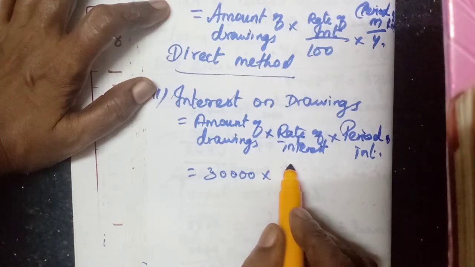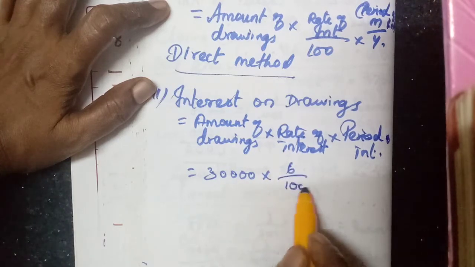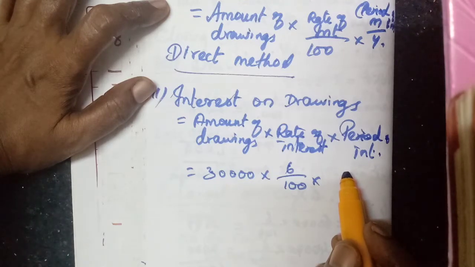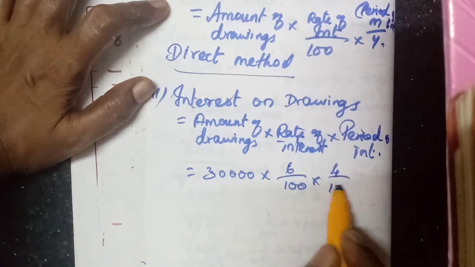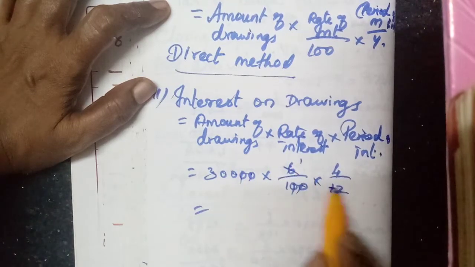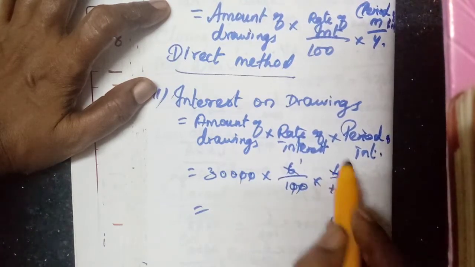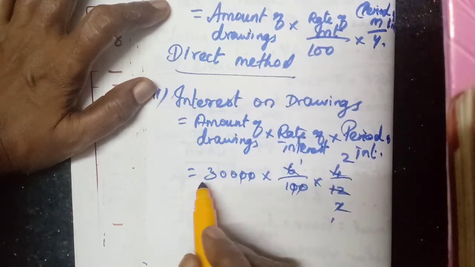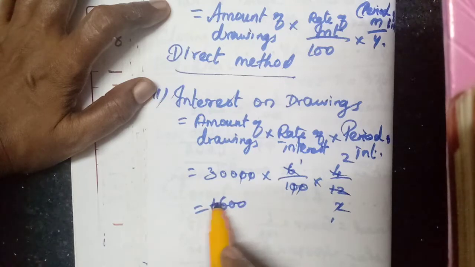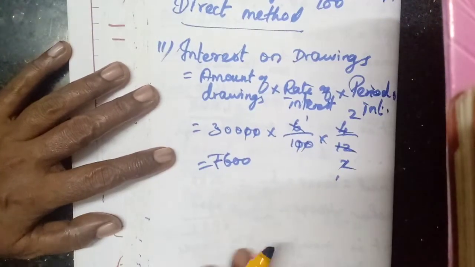Rate of interest 6 by 100. Period 1st September, the year is closing on 31st December, so September, October, November, December, 4 months. So 300 into 2, 600. Interest on drawings we have calculated.